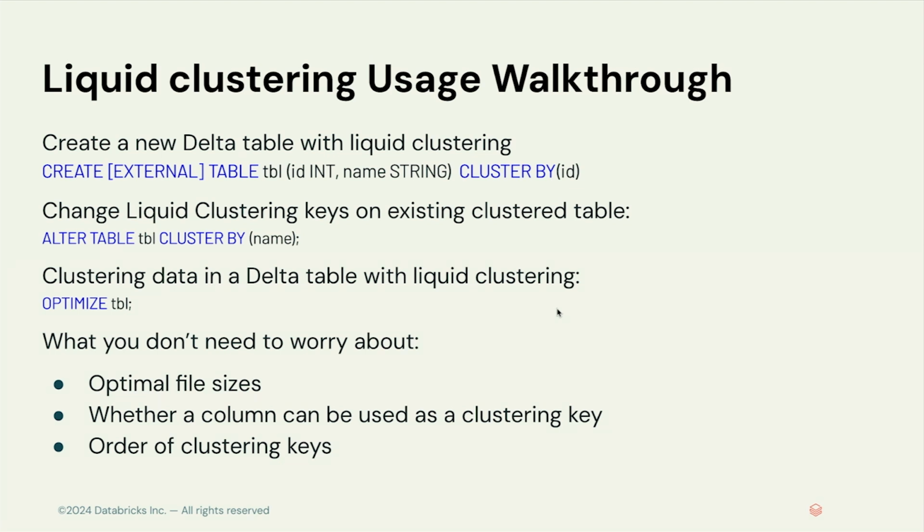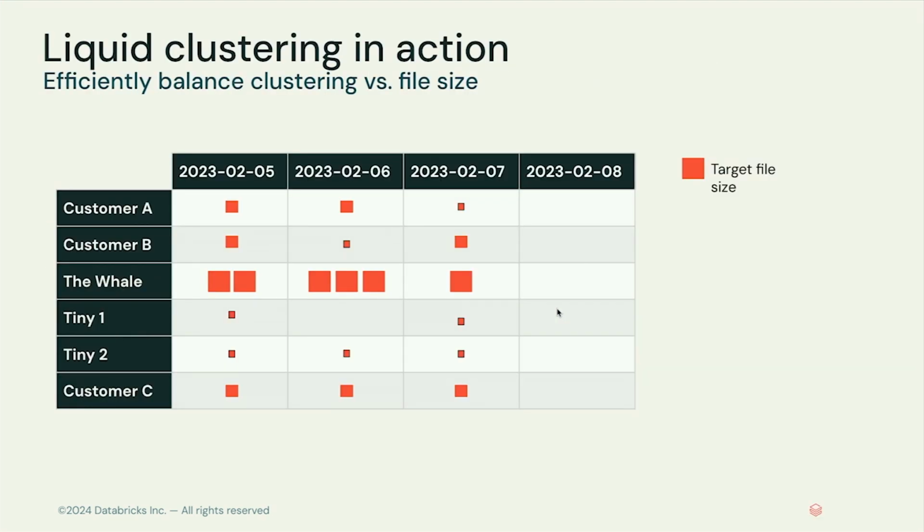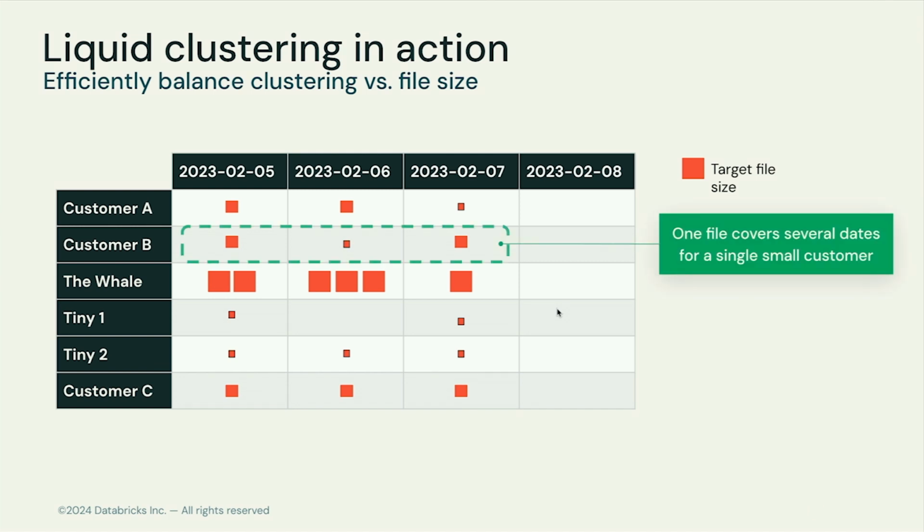And then you don't have to worry about the order of keys. If you've used Z-order before, you would notice that as you add the 3rd key or the 4th key, the file skipping gets worse on those keys. You don't have to worry about that with Liquid. So if we take a look at this in pictures, here's our existing scenario.